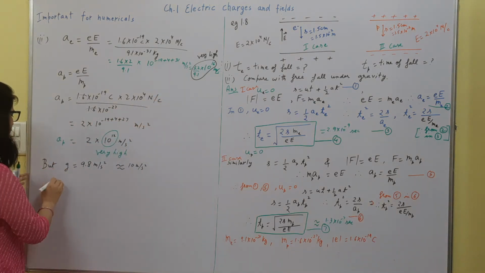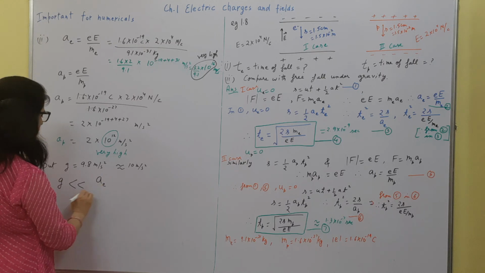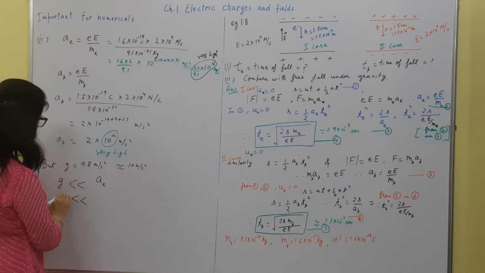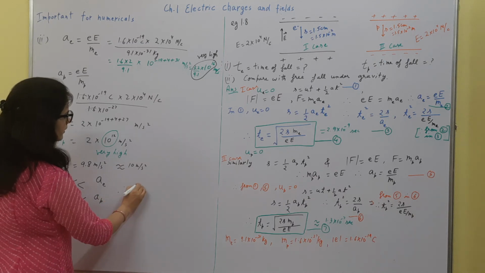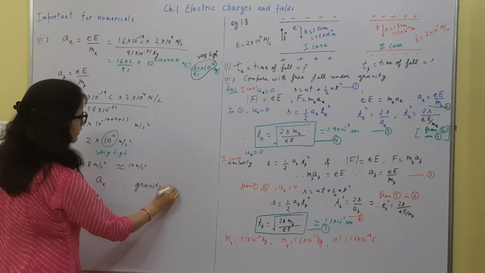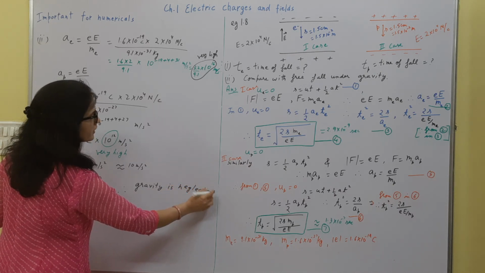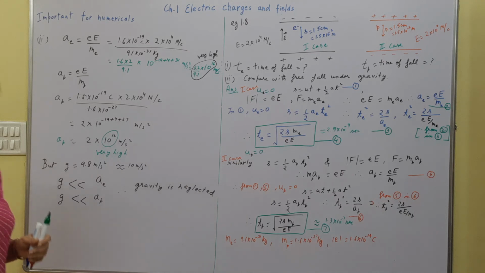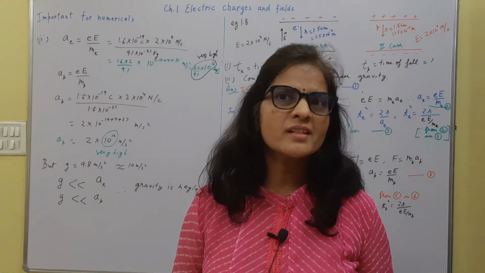So the value of g is very, very small compared to the acceleration of electron, and also very, very less than the acceleration of the proton. Therefore gravity is neglected here. The acceleration for proton and electron in this case is very high, so the acceleration due to gravity is neglected.